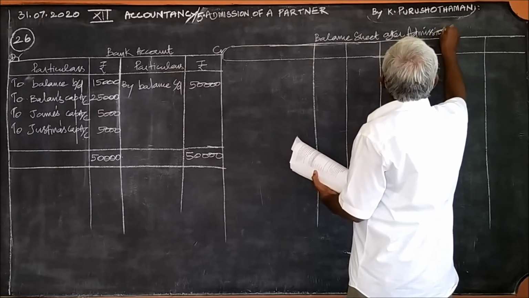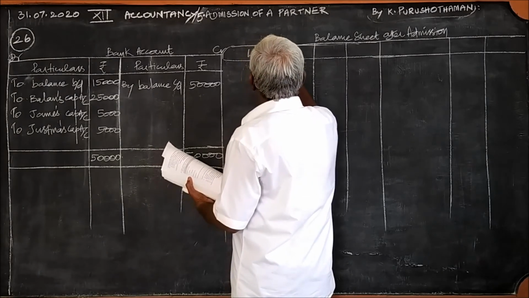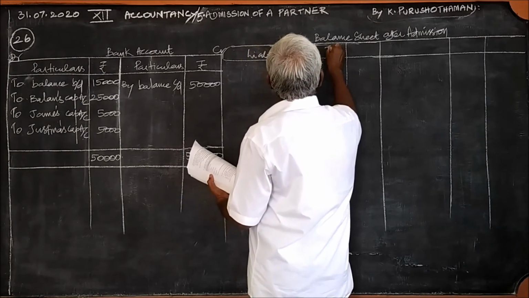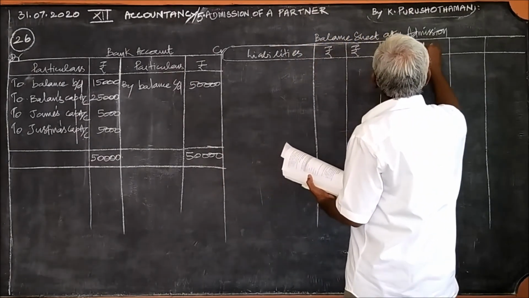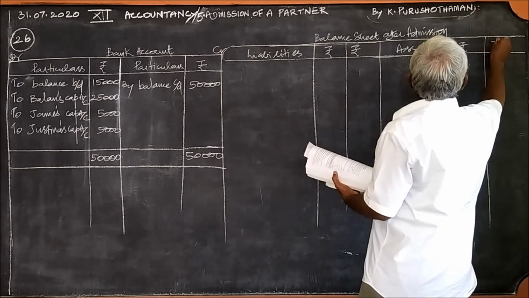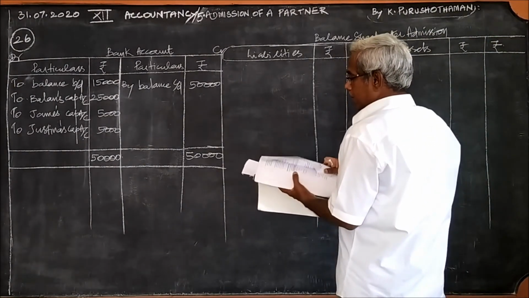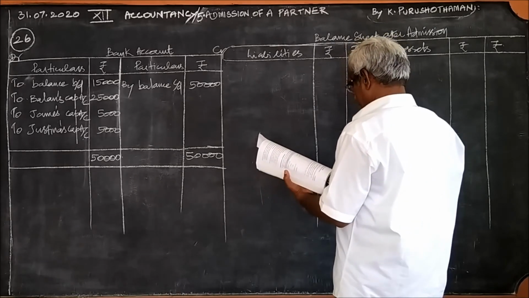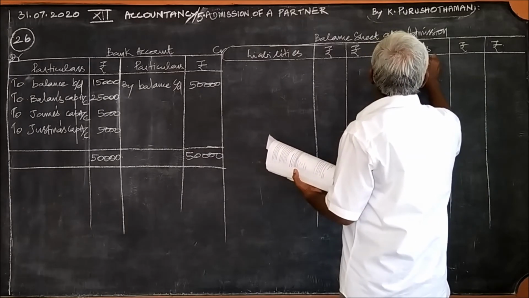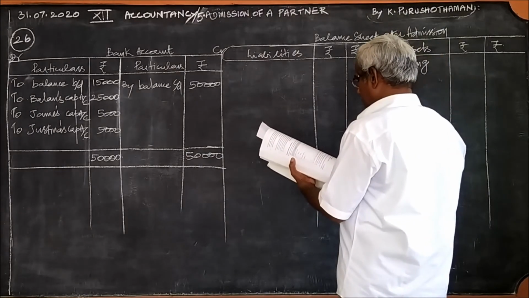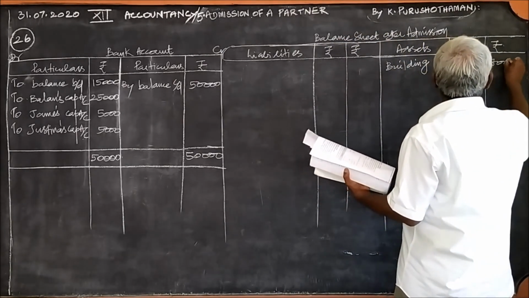Liabilities, rupees, assets, rupees. And we should see the balance sheet and attend to it one by one. Building, already 70,000, now it has been valued as 80,000. That is the current value, you write 80,000.